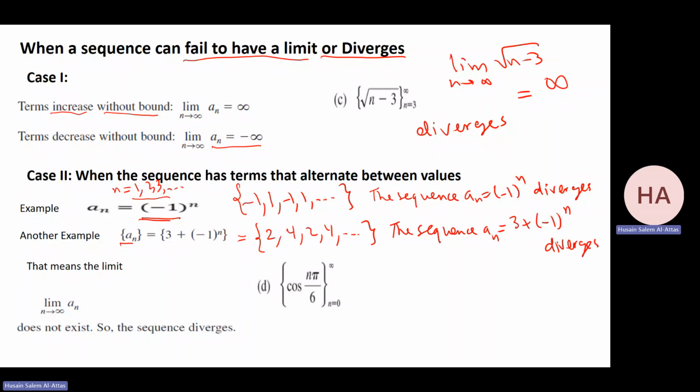Does it only alternate between 2 values? No, sometimes by more. For example, this one, I have cosine pi over 6. Then I have cosine pi over 3 at n equal to 2, and so on.